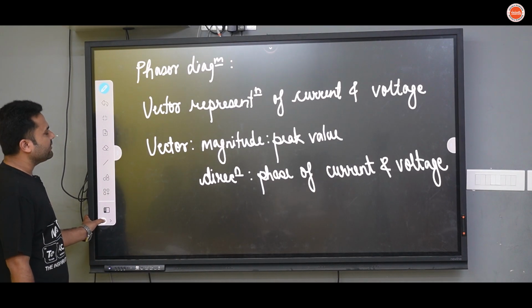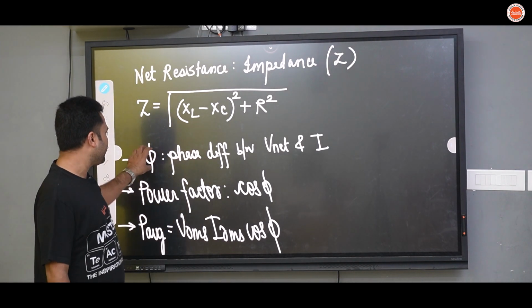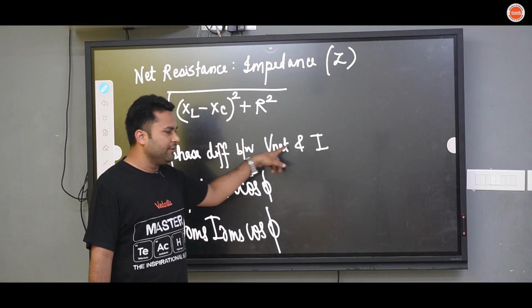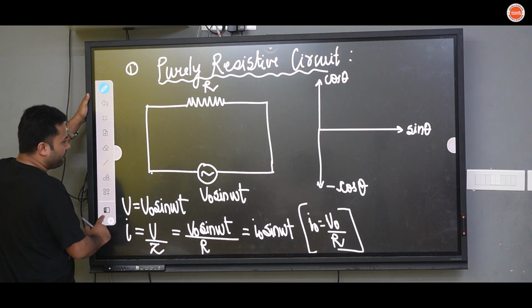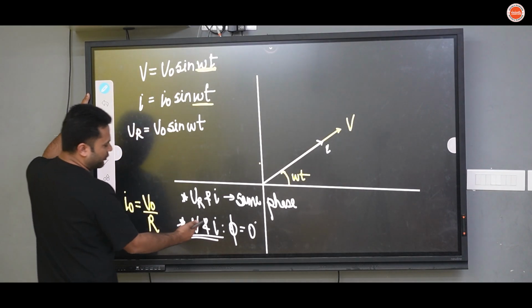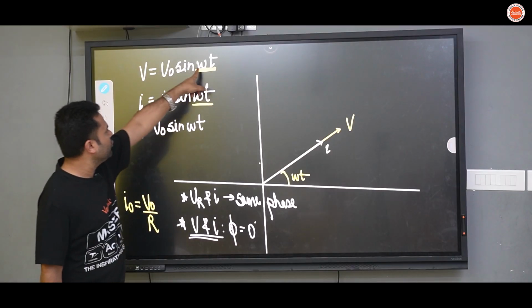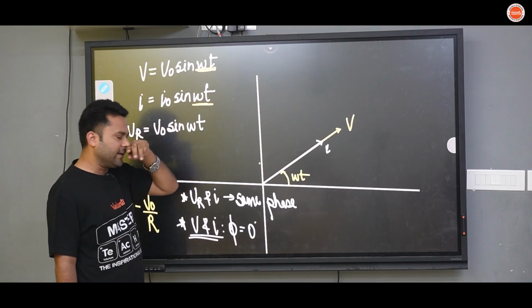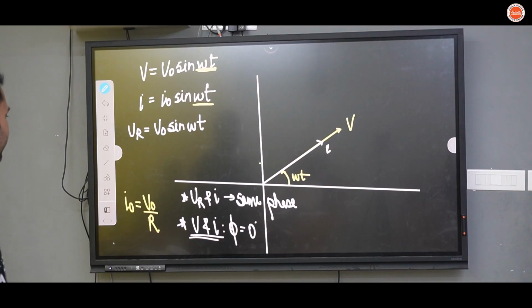Phi is the phase difference between net voltage and current. So there is no phase difference between the voltage and current. Voltage also omega t, current also omega t, so the phase difference is 0.